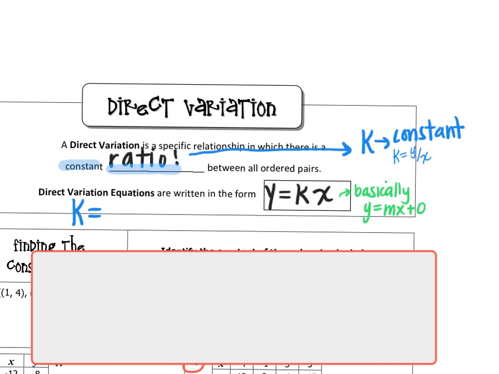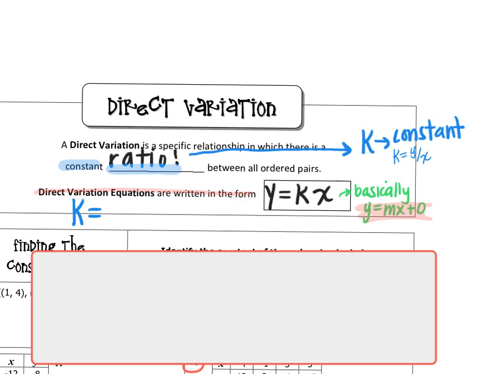So direct variation equations are written in the form of Y equals Kx, which is basically Y equals mx plus 0, because in order for K to be the same as Y over X, my Y-intercept has to be 0.